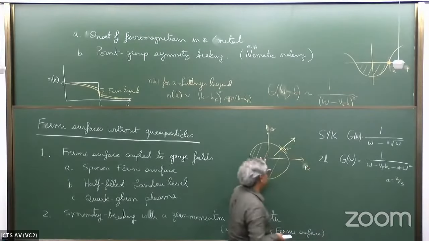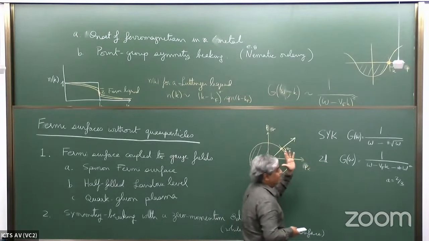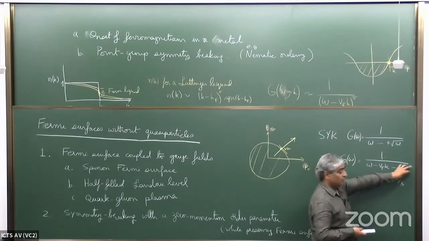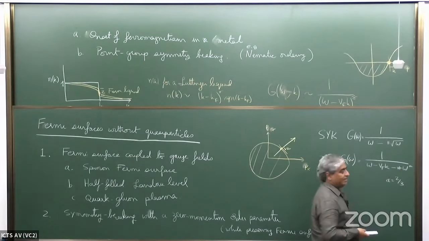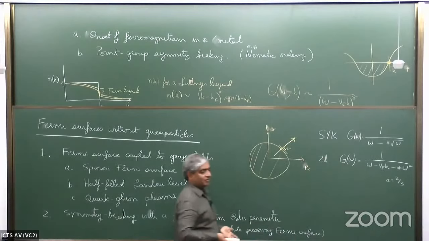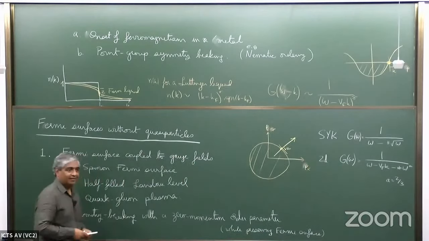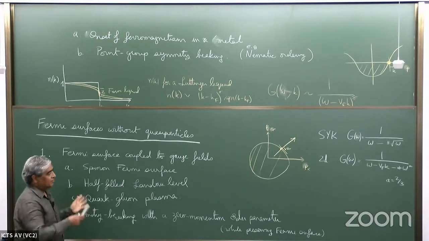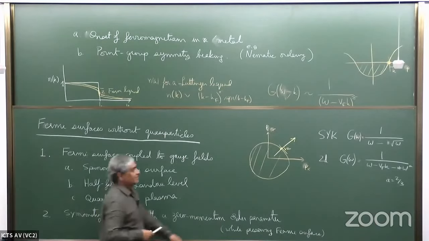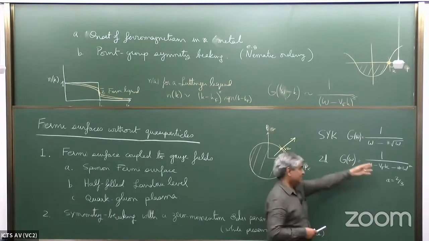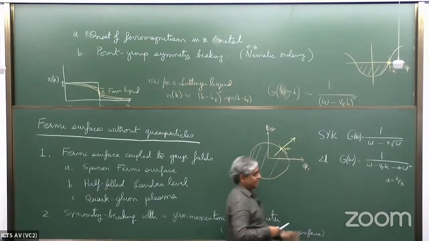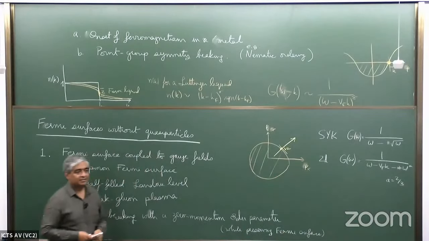You start with a model which has full translational symmetry, but the leading singularity is purely local. It doesn't have any k dependence. It's entirely in the frequency. And how that emerges is what I'm going to show you, how this locality emerges in a system that's fully translationally invariant. It doesn't quite map onto the SYK model because there's still this k dependence you have to keep, but there are some similarities. Yeah. Thank you.